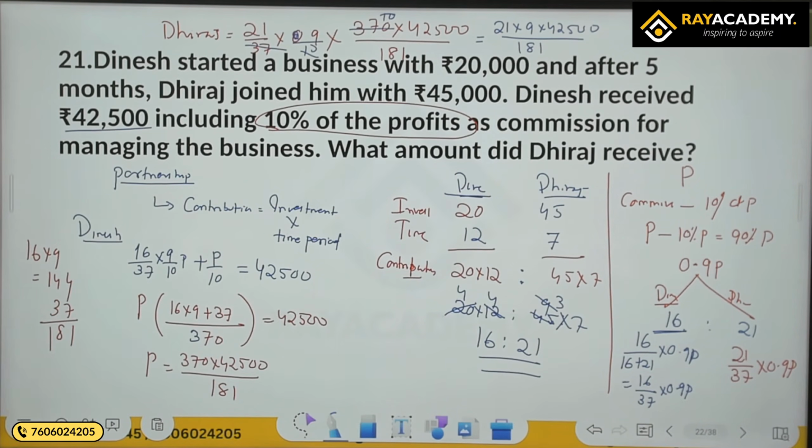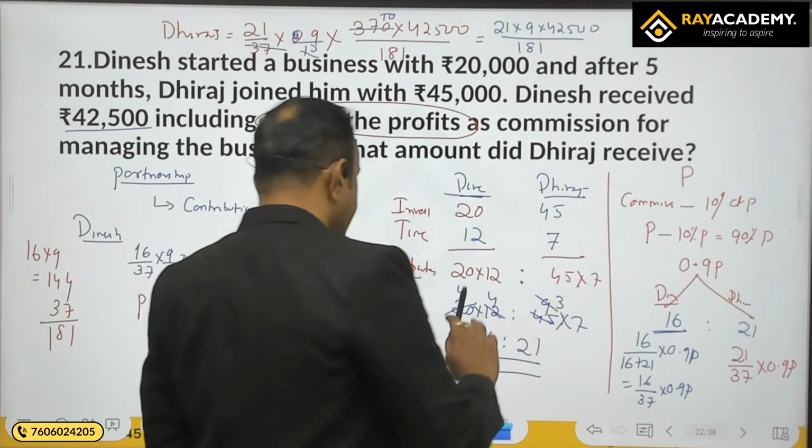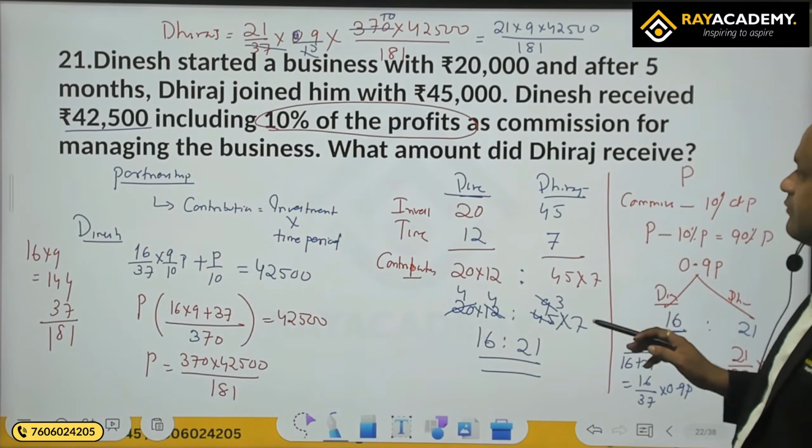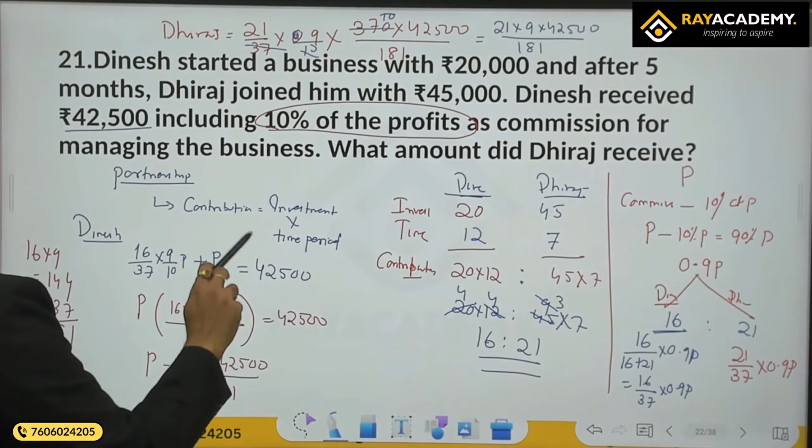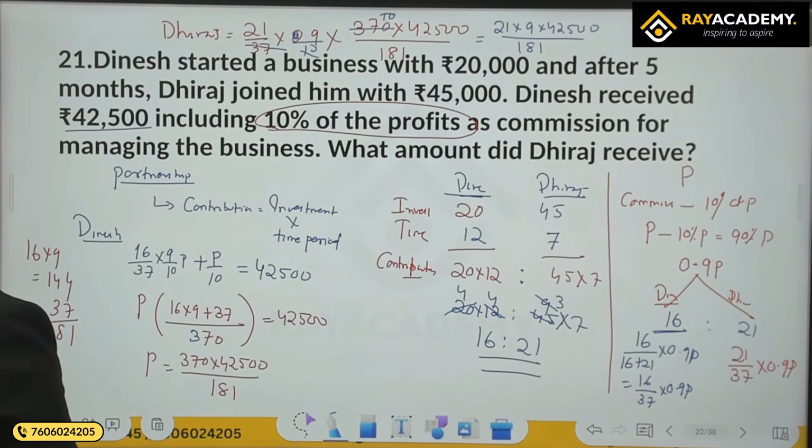So after that, this is about the calculation part. Let me check if there is any mistake in our calculation. Dinesh started a business with 20,000 and after 5 months Dheeraj joined with 45,000, so his investment was for 7 months. 20 into 12 is to 45 into 7.